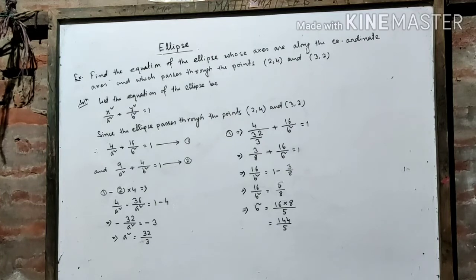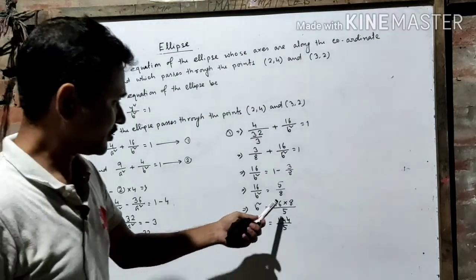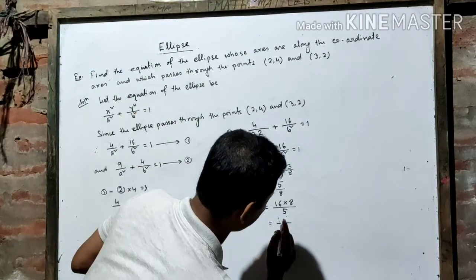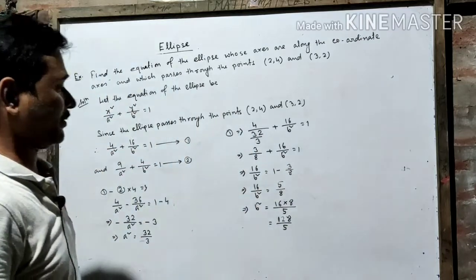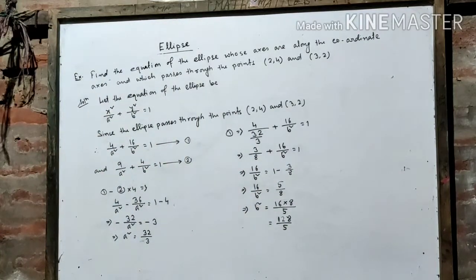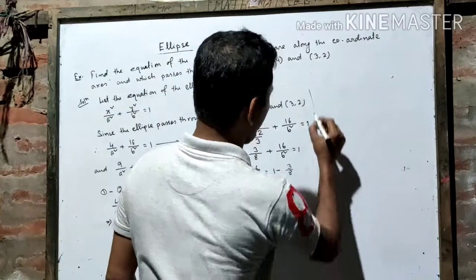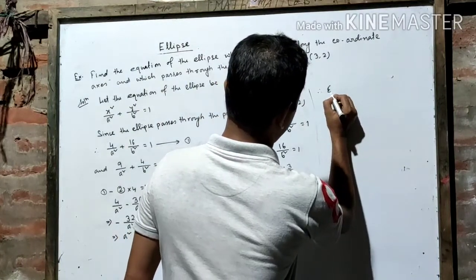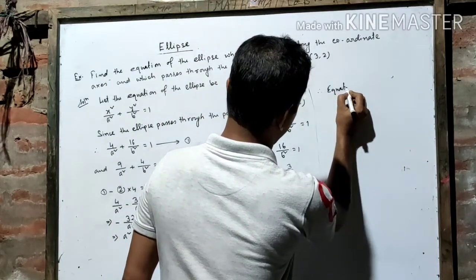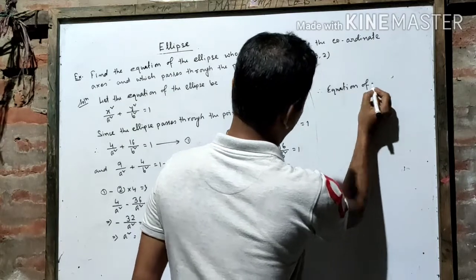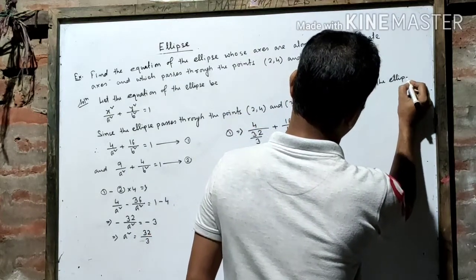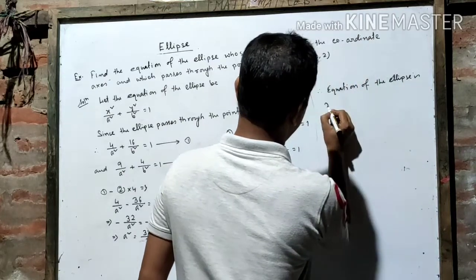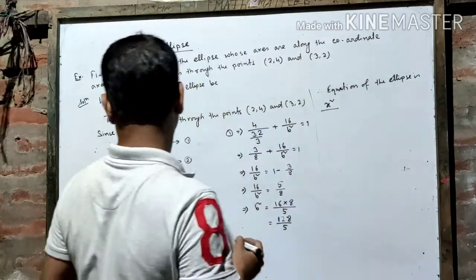128 by 5. What is wrong here? Oh yeah, this will be 128. So 128 by 5. Now we can write down the equation of the ellipse. Therefore, the equation of the ellipse is x square by s square.